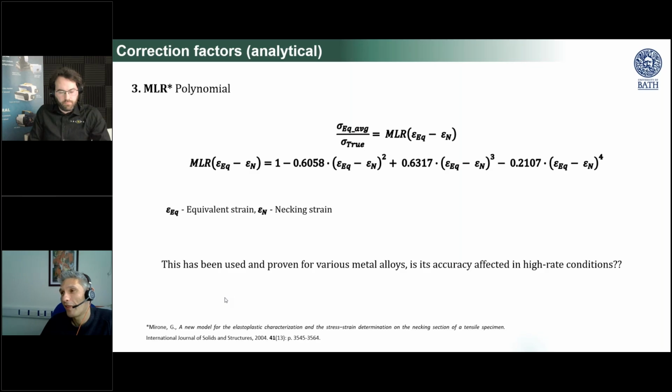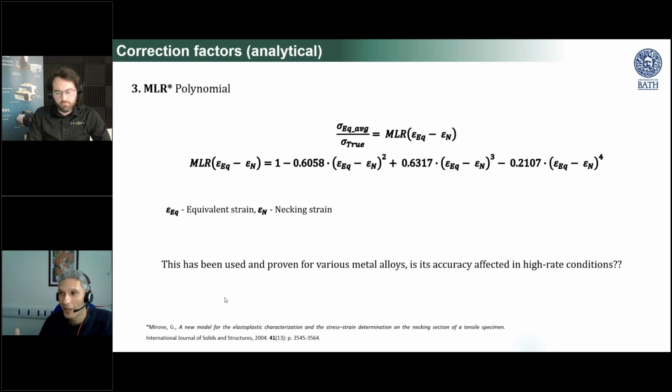Other correction factors are very popular, in particular this one, the MLR polynomial, because that doesn't require the measurement of the geometrical properties of the necking profile. It only relies on the difference between the equivalent plastic strain and the equivalent plastic strain at the onset of necking.